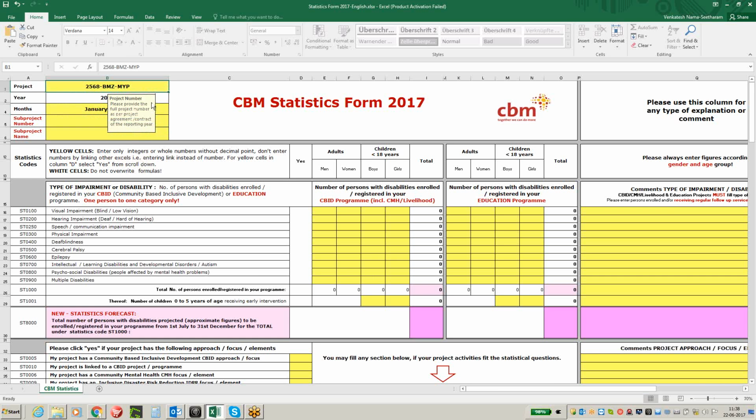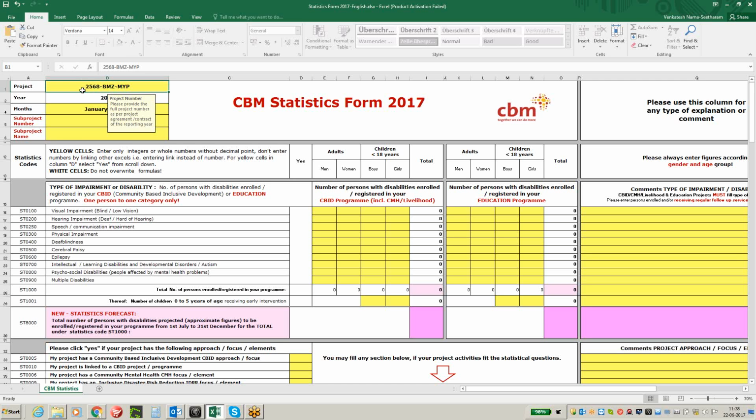This is just to make sure that the statistics form goes under the correct project number when it is imported. If there is any problem in this project number, the statistics form will not be uploaded. It will be rejected for uploading.